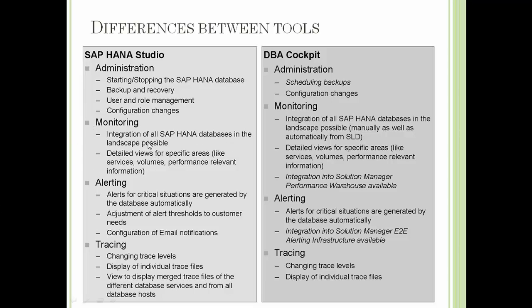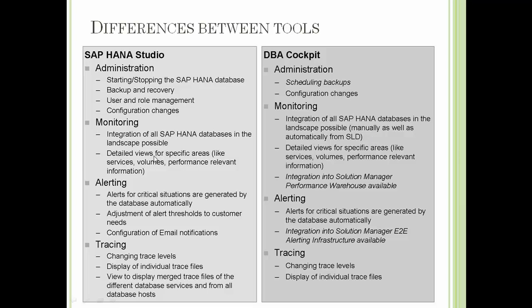in HANA Studio we can integrate all SAP HANA databases in the landscape, which is possible. But in DBA Cockpit, this has to be done manually, but it is possible automatically from SLD as well. We have to enable the SLD connection first prior to integrating the HANA database.